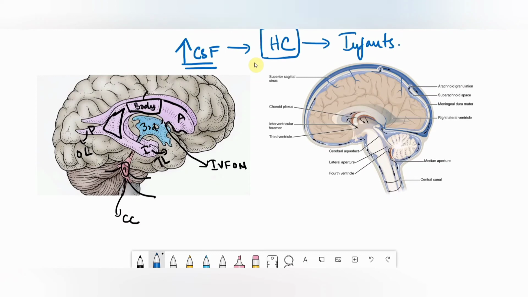This causes a condition called hydrocephalus, where in infants your head looks completely big or swollen because of the excess amount of CSF. So nowadays what they do is put a shunt within the cerebral aqueduct all the way down to your abdomen to drain the excess CSF and avoid hydrocephalus from occurring.